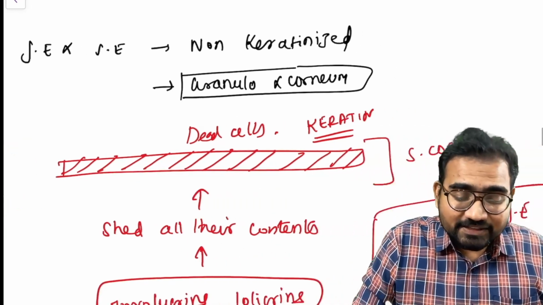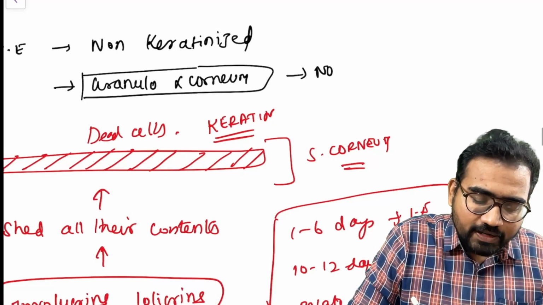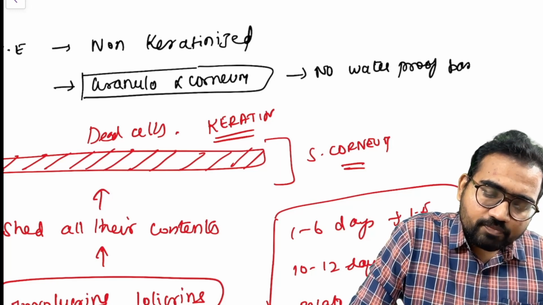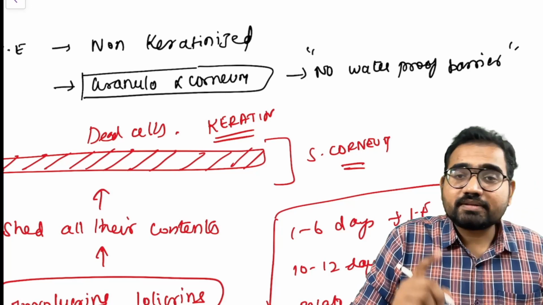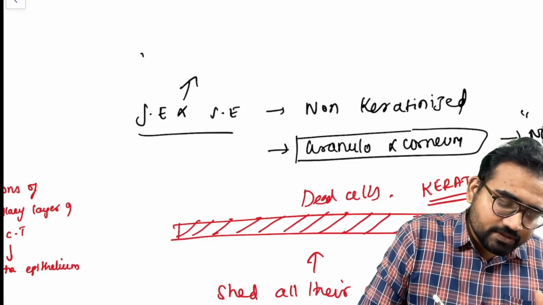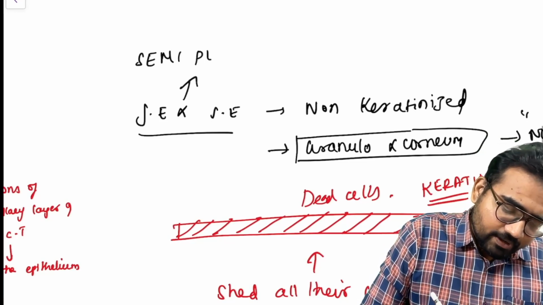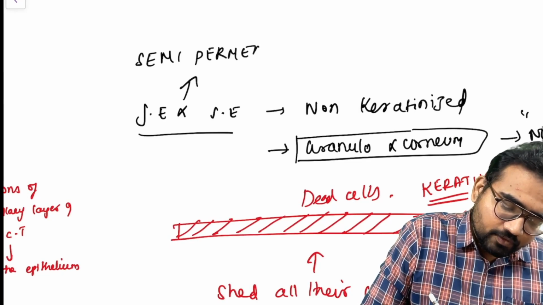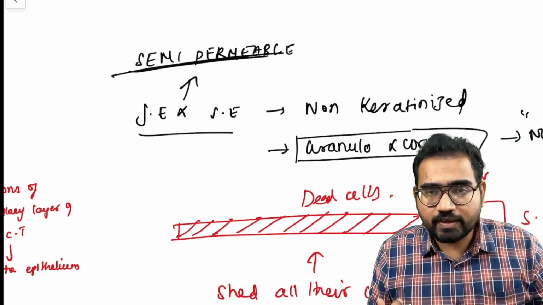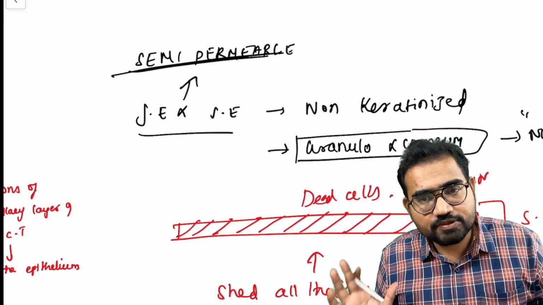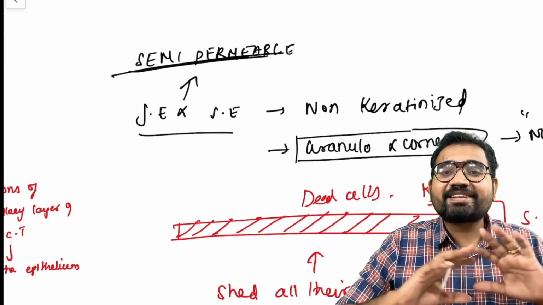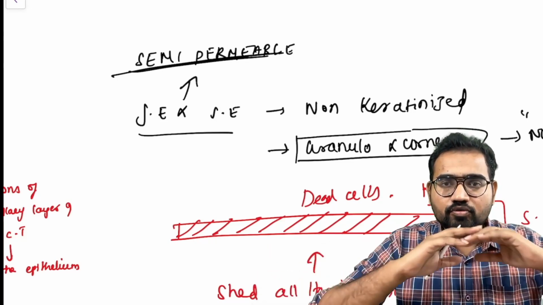So there is no waterproof barrier. That is why the sulcular epithelium and the junctional epithelium become a semi-permeable membrane. Semi-permeable means it will selectively allow substances to enter and selectively allow substances to go outside. It becomes semi-permeable because of non-keratinization: no waterproof layer, no keratin, no dead cell layer.